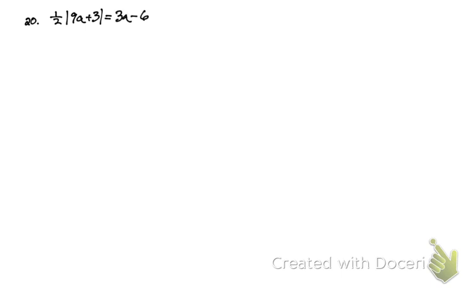So let's change number 20 to that one. Oh, because it's the same as 18. I also give you 2 chances to understand those special case ones, because those last 2 should be special. Better than just giving you 1 practice, we'll get 2 practices on there. So we are making number 20 1/2 absolute value 9a plus 3 equals 3a minus 6.